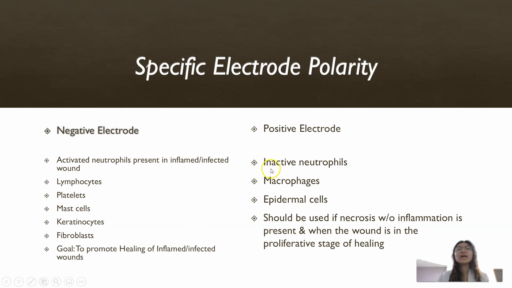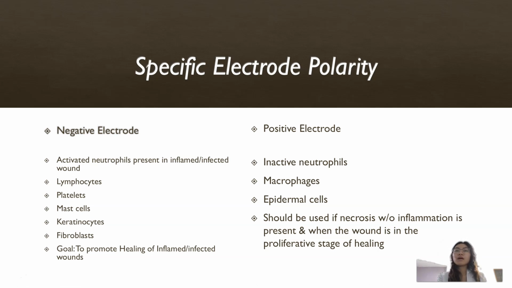On the other hand, si positive electrode naman, it attracts inactive neutrophils, macrophages, epidermal cells, and should be used if necrosis without inflammation is present, and when the wound is in the proliferative stage of healing. So, ibig sabihin, at the earlier stage ng inyong wound healing, we make use of negative electrode primarily.